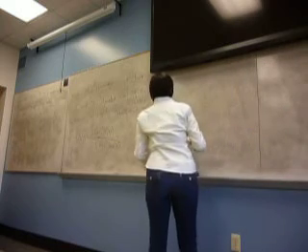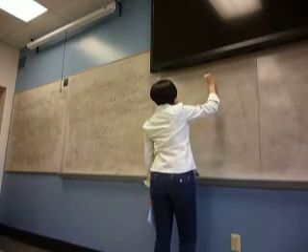So correlation is just the covariance divided by the standard deviation of x and the standard deviation of y.